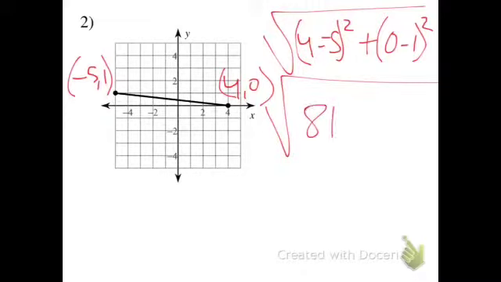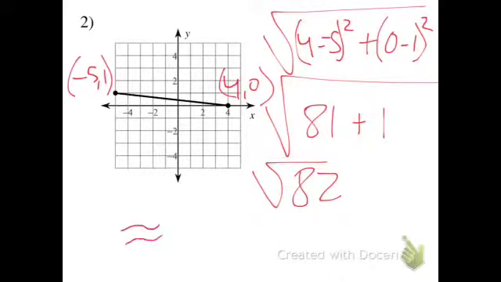Square that, you're going to get 81. 0 minus 1 is negative 1. Square that, you're going to get 1. And so you're looking at the square root of 82. And if you do that, you're looking at approximately 9.1. I'm rounding up here.